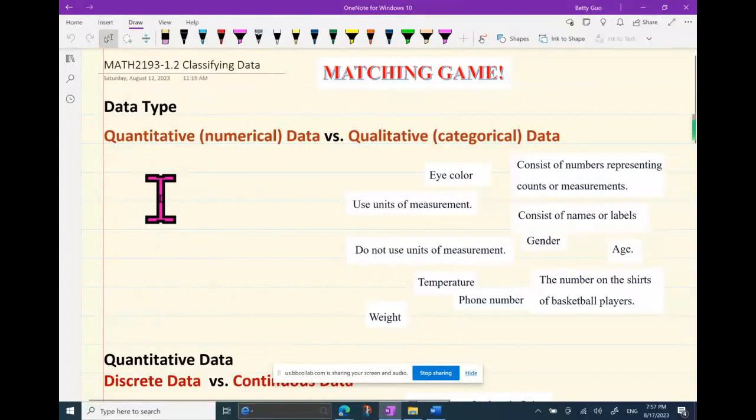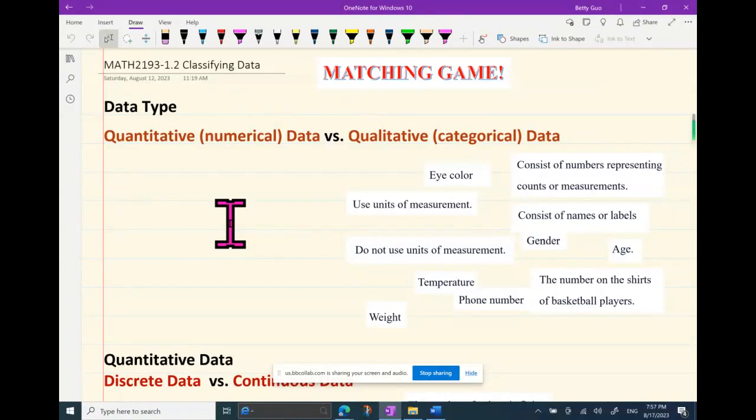Now, what kind of data is numerical or quantitative? Numbers, right? Not just numbers. Numbers represent counts or measurements. For example, you are counting how many classes you take this semester. You do a survey: how many classes do you take this semester, and you write down the number. Then you go to another student and ask the same and write down the number.